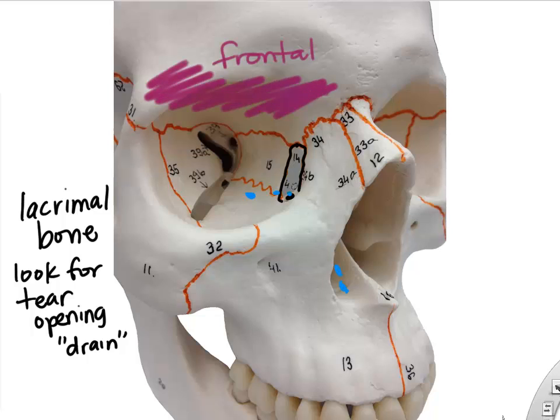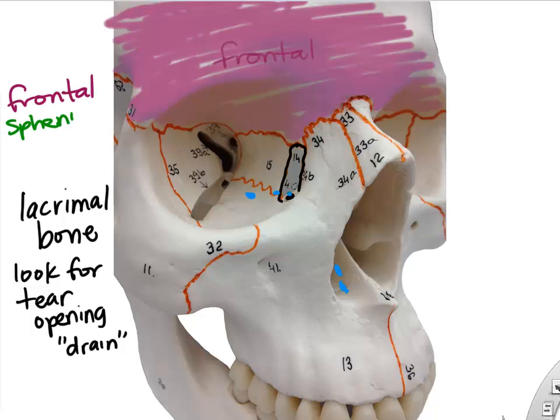Just to review the bones of the orbit, the frontal bone is the top or roof of your orbit or eye socket. The sphenoid bone we mentioned is the posterior portion of the orbit. It's got those cracks and crevices and holes for arteries, nerves, and veins to your eye. The ethmoid bone makes up the medial portion of our eye socket, right behind that lacrimal bone. You can see it really well there. That's the ethmoid bone. So we've got lacrimal, ethmoid, sphenoid, and frontal.